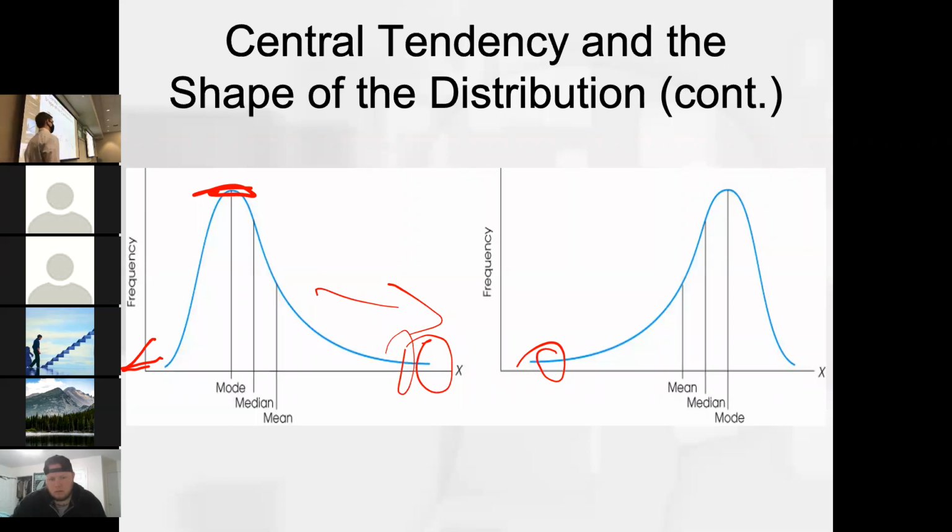What's something that would have a real extreme, either high or low score?